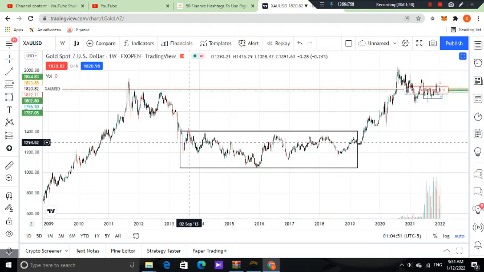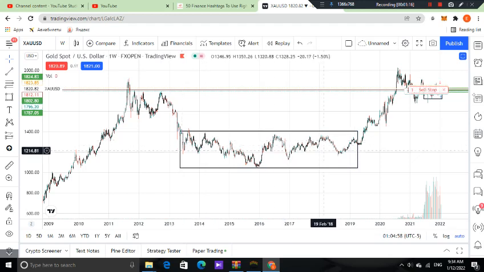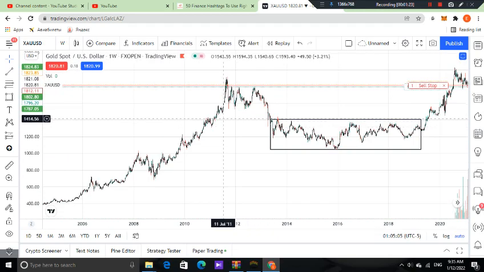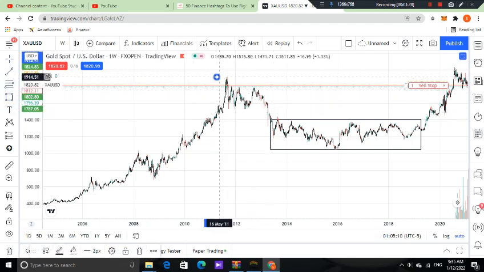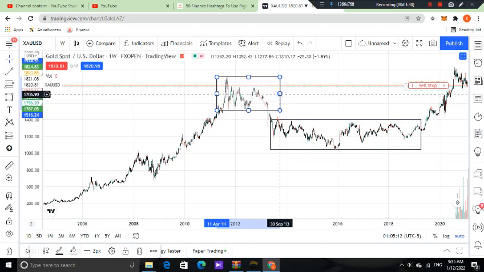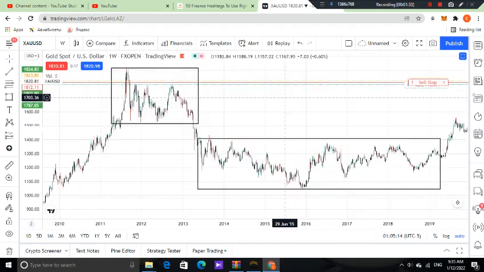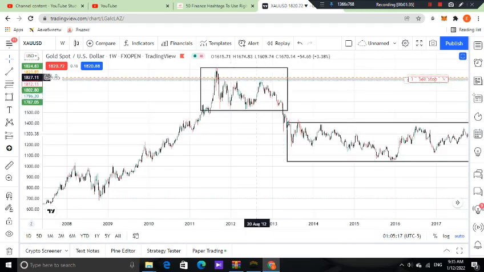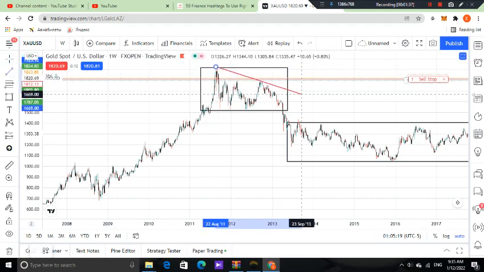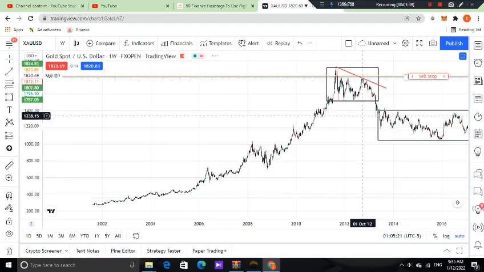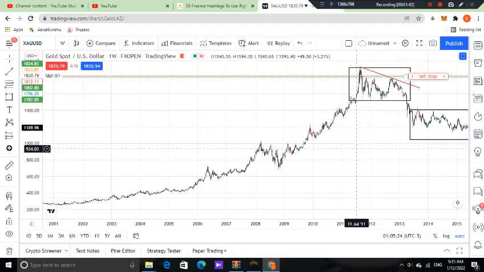Yes, we had gold in a box for, I don't know, 6 years or so. Before that, another trading range here. It's kind of a trading range, although it's a downturn, but it's a trading range.